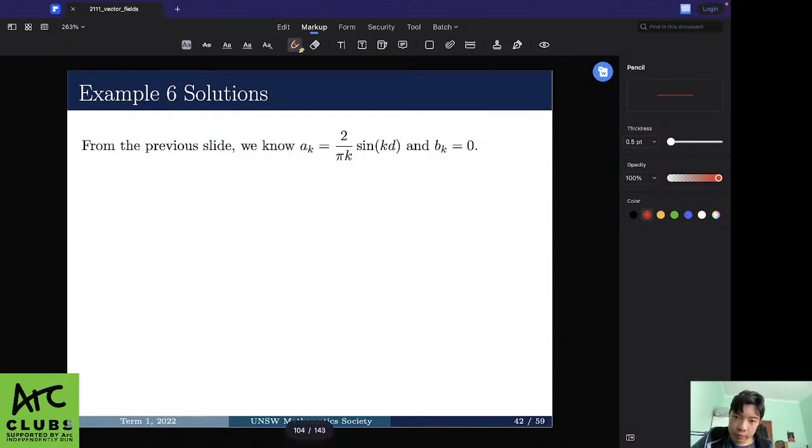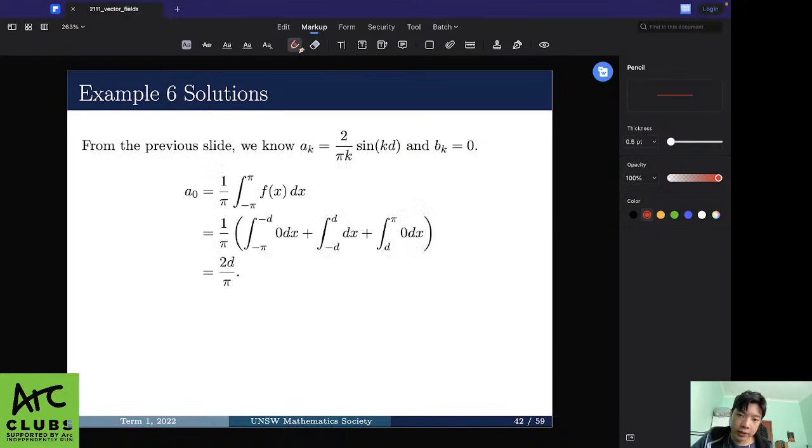Now, we can find out what a_0 is in the same way, which is just the integral from −π to π of f times 1 on π. We know that in these ranges from −π to −d and d to π, it's going to be equal to 0, so we can just get rid of these integrals.